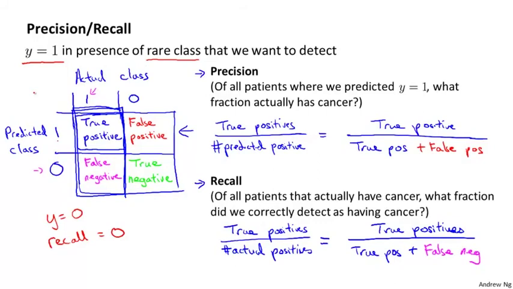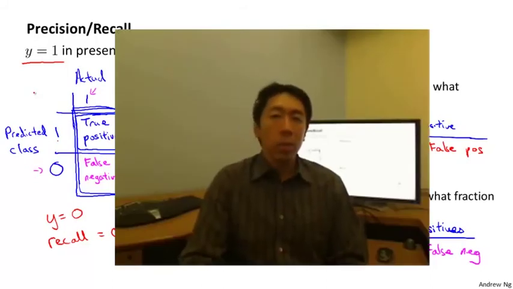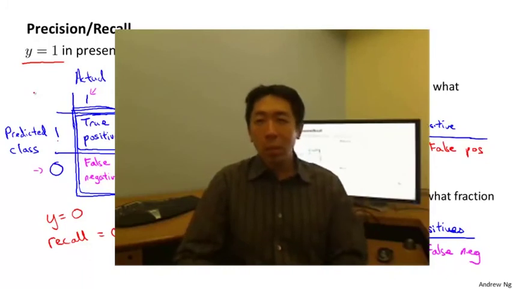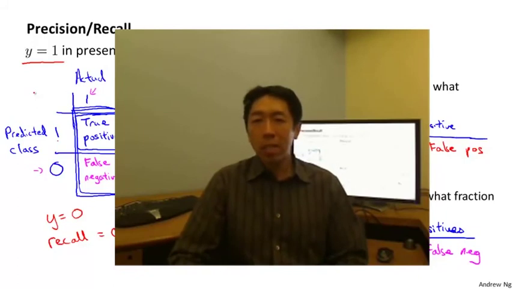By using precision and recall, we find that even if we have very skewed classes, it's not possible for an algorithm to, quote, cheat and predict y equals 1 all the time or predict y equals 0 all the time and get high precision and recall. In particular, if a classifier is getting high precision and high recall, then we're actually confident that the algorithm has to be doing well even if we have very skewed classes.